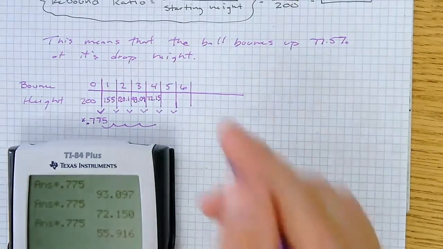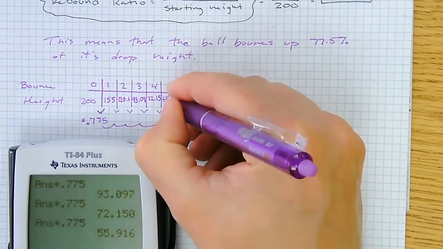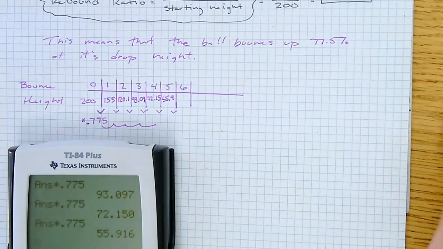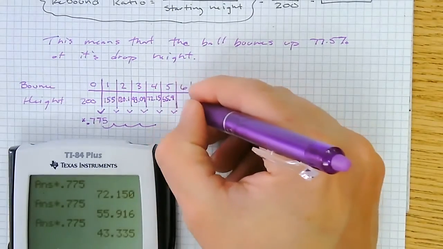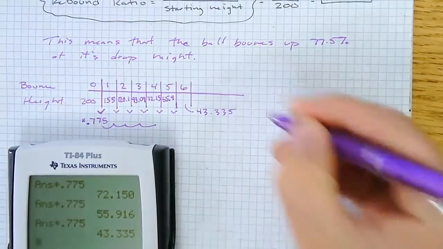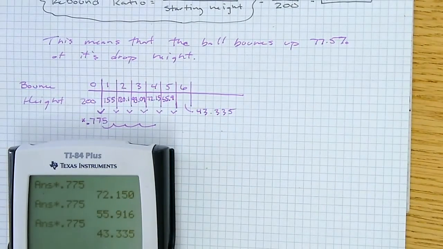I'm just multiplying by 0.775 each time. Instead of adding between each term, we are multiplying between each term.